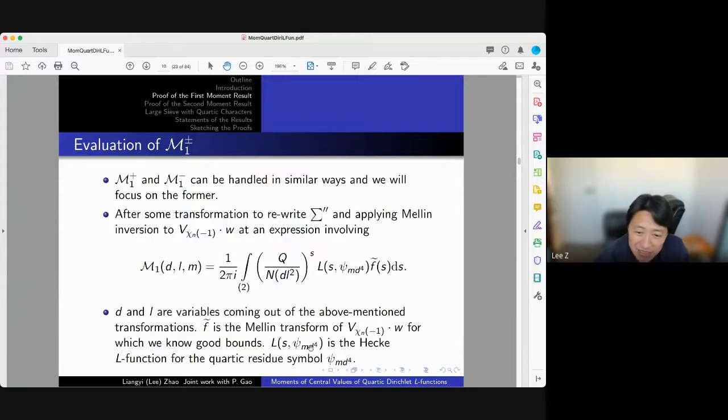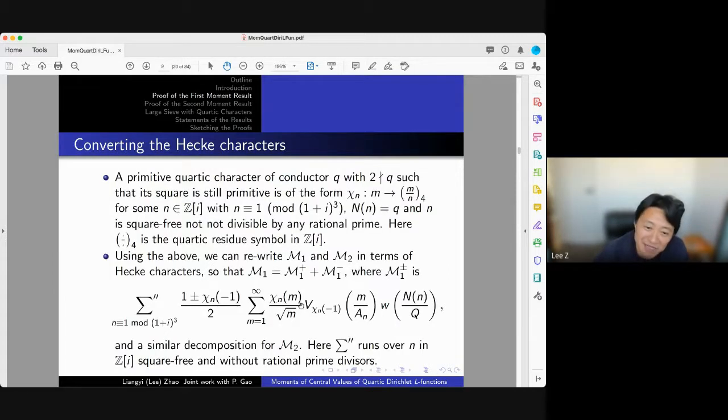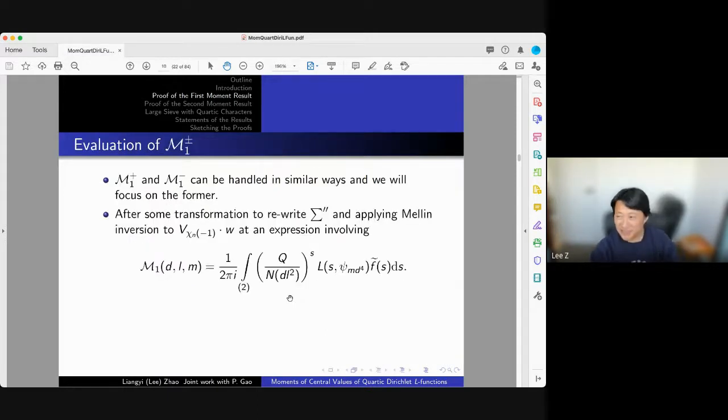Well, if you go back, we have this sum here over m with this Hecke character chi sub n. So as I said earlier, this is the same method as the proof of the prime number theorem, where the explicit formula.